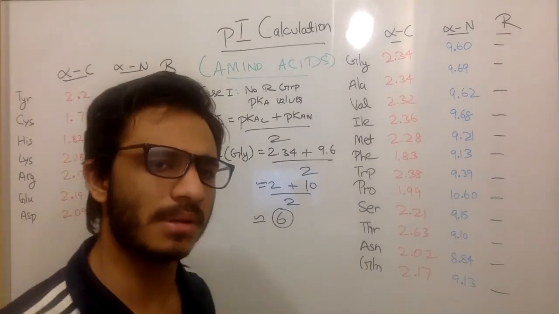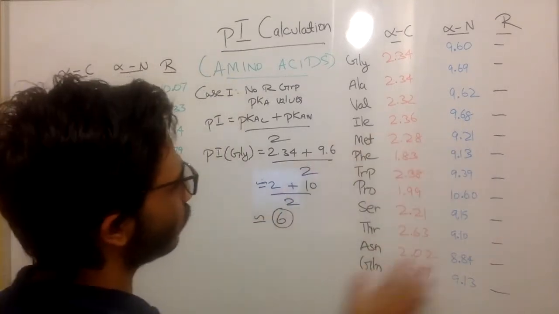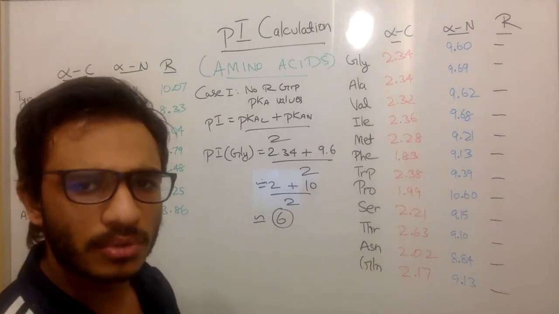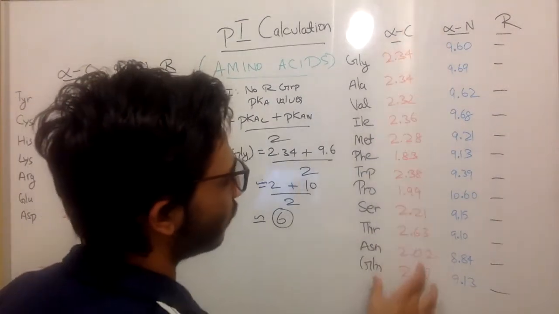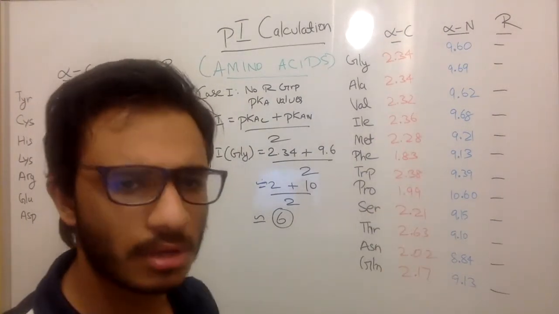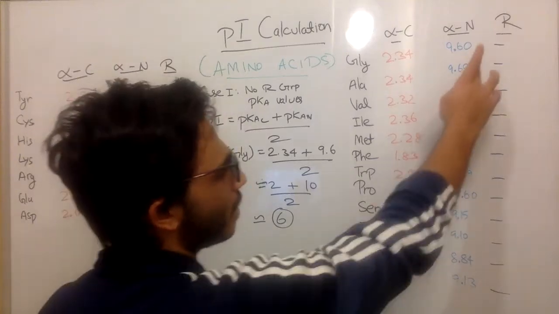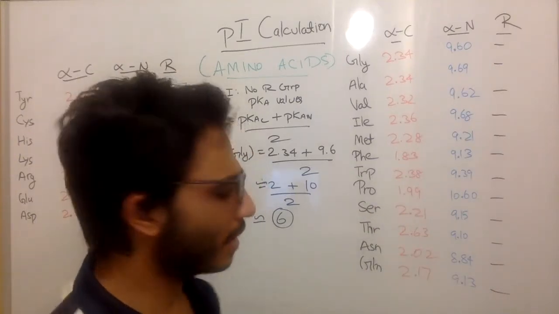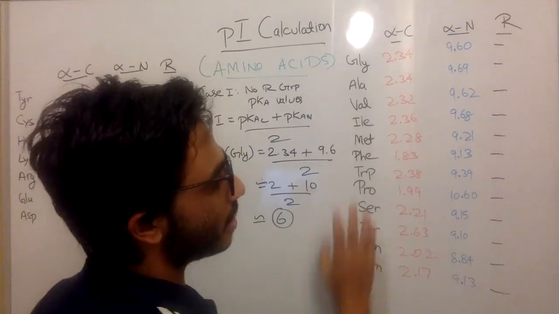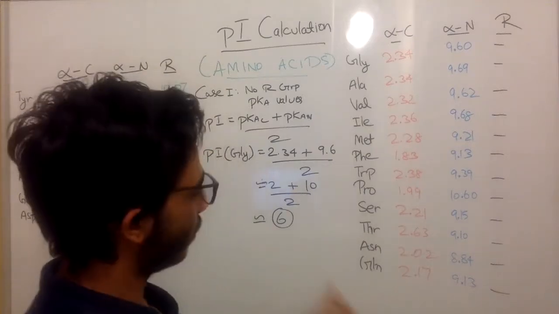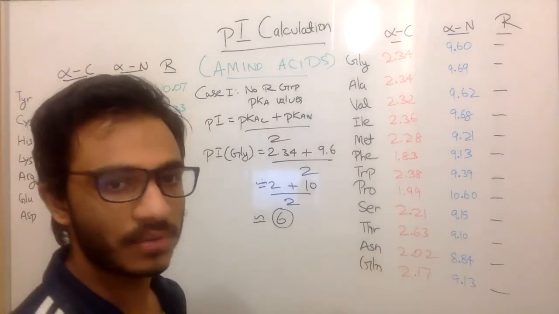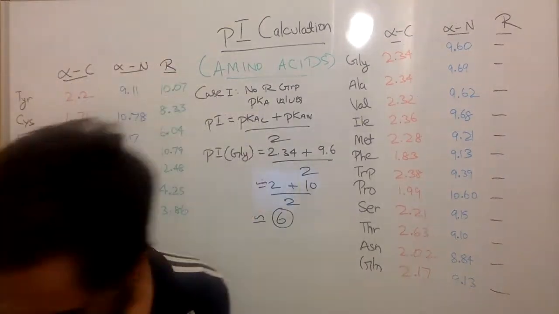So that's how you can remember that. I showed you in the last video that for the carboxy group we approximate the pK value to around 2, and for the amino group around 10, so you already know that for all these 13 amino acids the pI would be 6. We don't even need to calculate that.